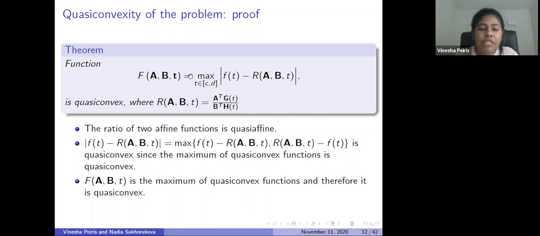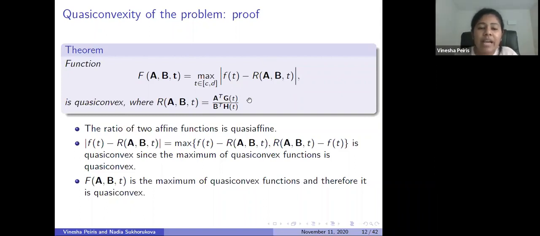So we take the objective function f of a, b, and t, and we define this ratio to be r of a, b, and t. So we have this ratio, and the numerator is a linear function with respect to a, and we have the denominator, which is linear with respect to b, its parameters.